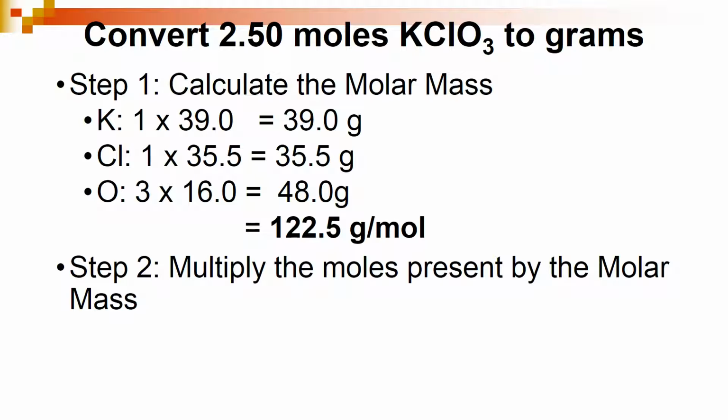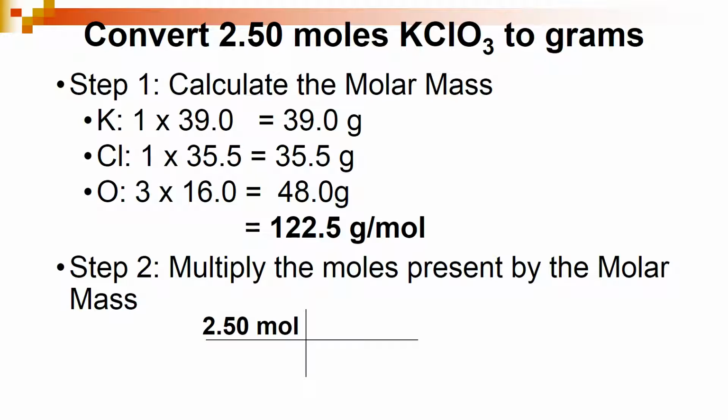Now, when we're converting from moles to grams, we're actually going to multiply the amount that we're given by the molar mass, and we'll see why that is now. Setting up our conversion, we know that the initial value always needs to go on top. So, if we're asked to convert 2.50 moles, we need to put 2.50 moles on top of the conversion. Now, here's the difference between moles to grams compared to grams to moles.